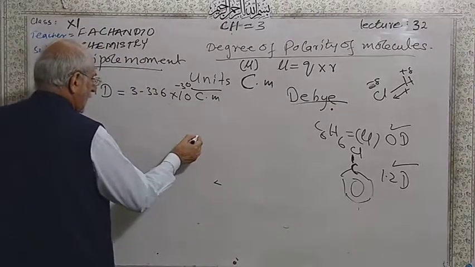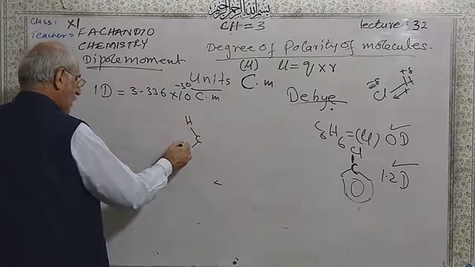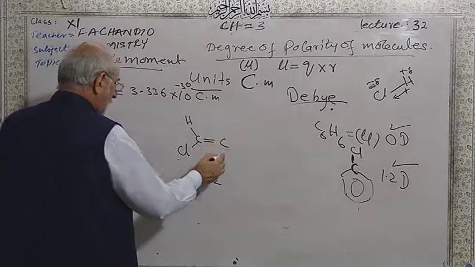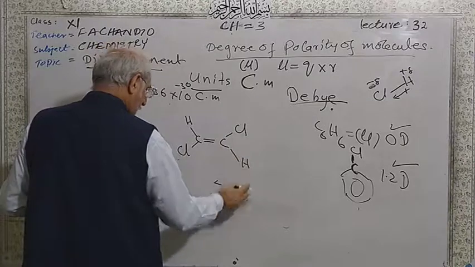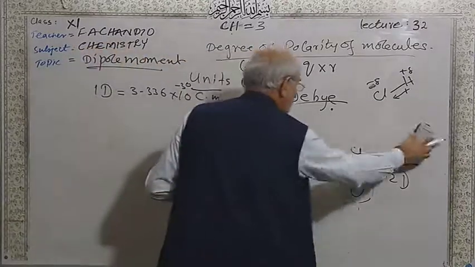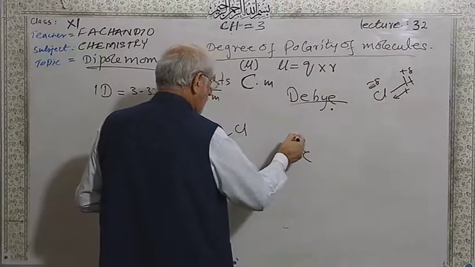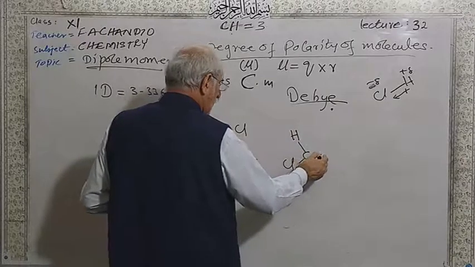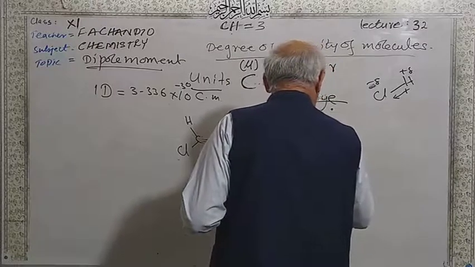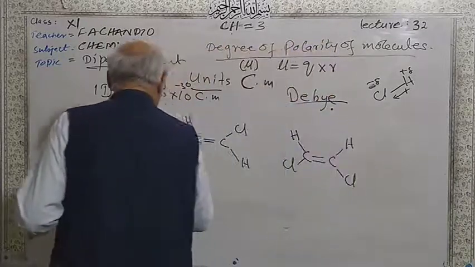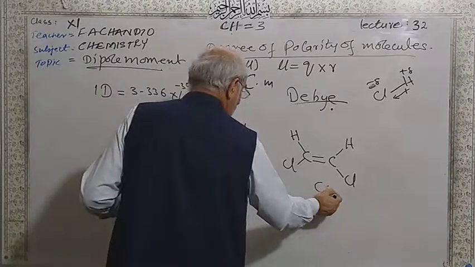So there is a carbon, a hydrogen and a chlorine, double bond here, and another carbon with a chlorine and a hydrogen. This is one. Number 2: carbon, hydrogen, chlorine, double covalent bond, carbon, hydrogen, and chlorine. Like this.